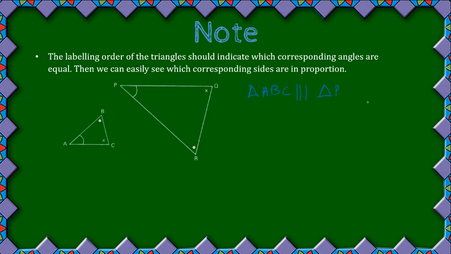A was equal to P, B was equal to R, and C was equal to Q. So now we know that A is equal to P, B to R, C to Q, and so forth.